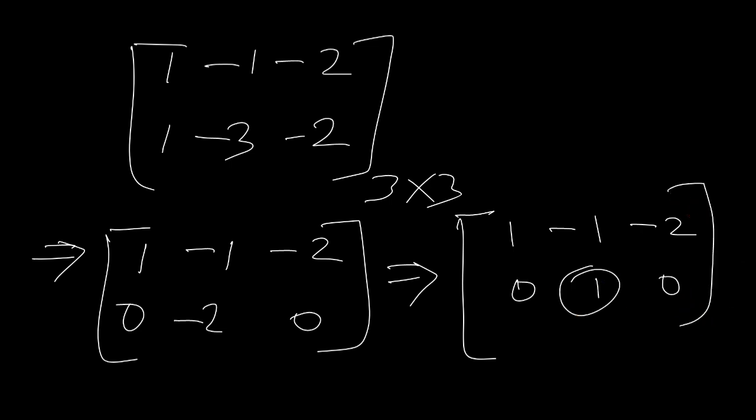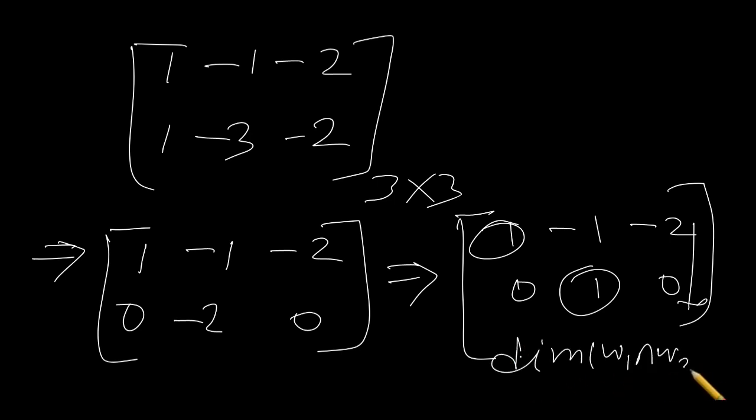Then this is a pivot and this is a pivot. One free variable exists, which is the dimension of the null space of the given matrix. Then the dimension of W1 intersection W2 should be 1.